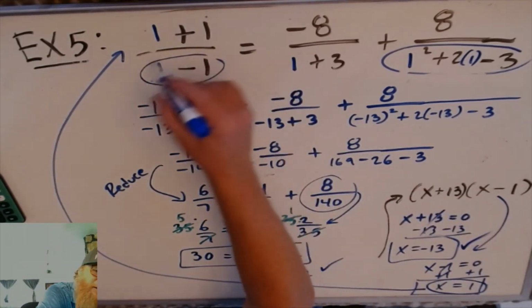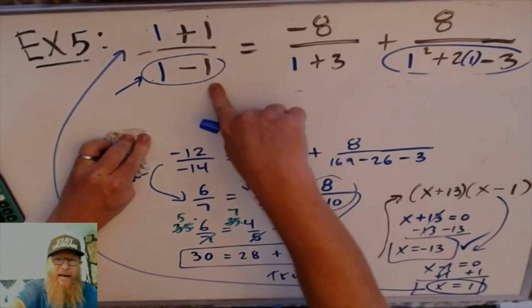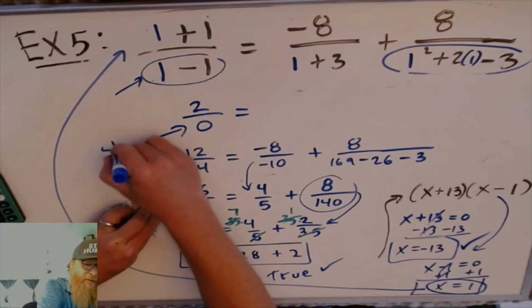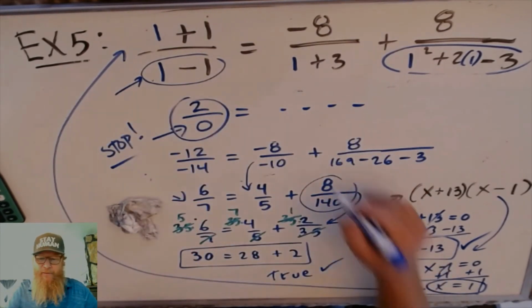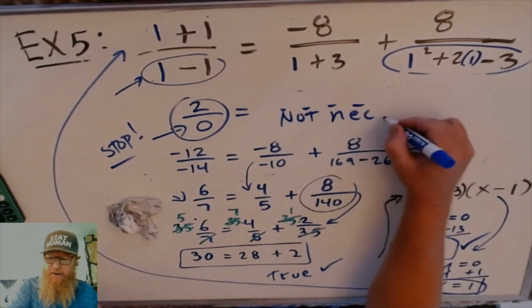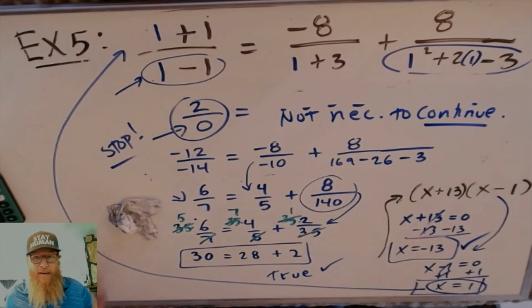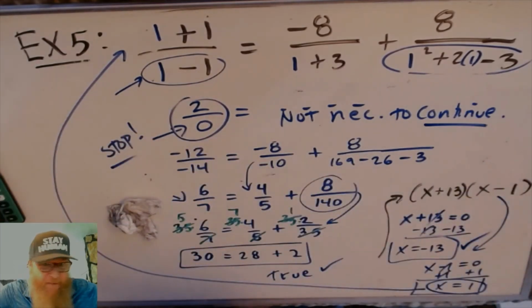You can tell it's going to be false. Anytime you get 0 in the denominator, stop. There's no need to keep going. Not necessary to continue. All right. If you get 0 in the denominator, it's an automatic fail.